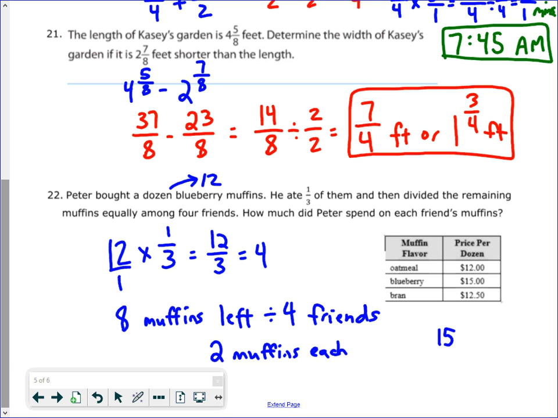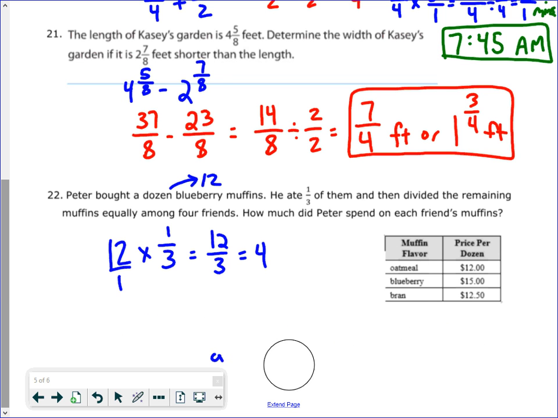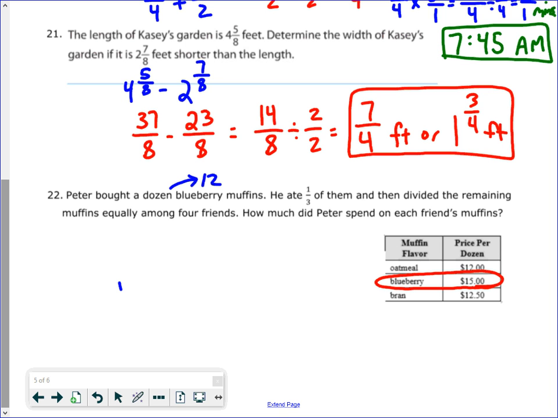We have a dozen blueberry muffins. That would be $15. 1/3 of that would be $5. So $10 he spent on his remaining friends. 10 divided by 4. So let's go backwards. Let's do it with money. Remember, 1 dozen is $15.